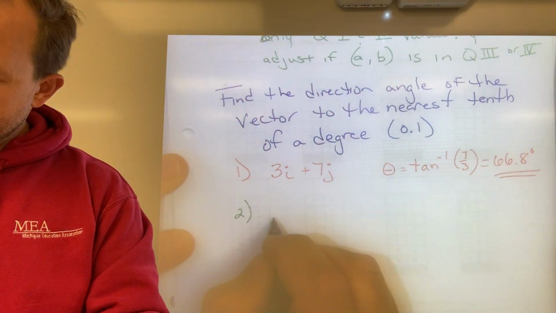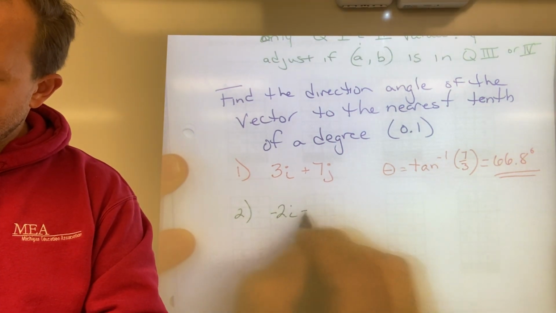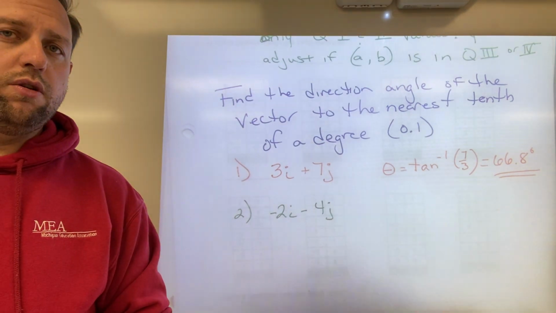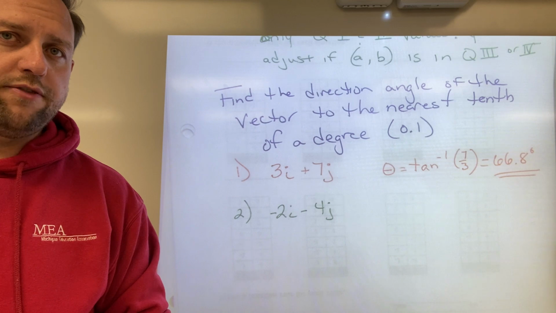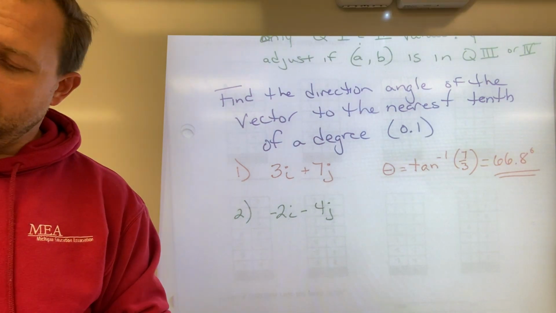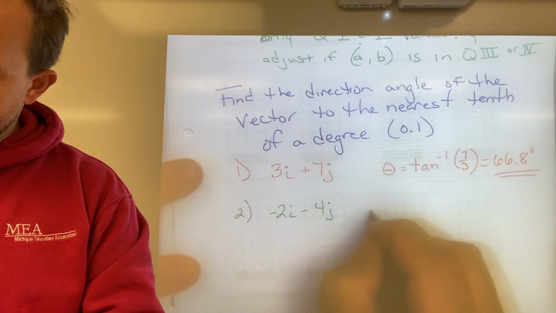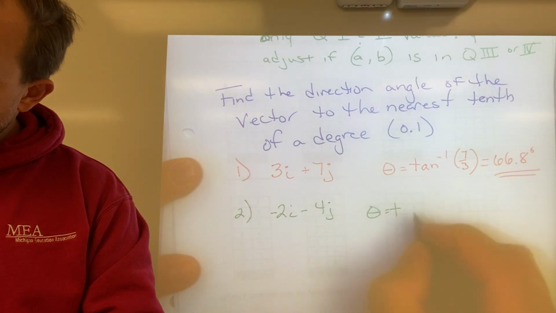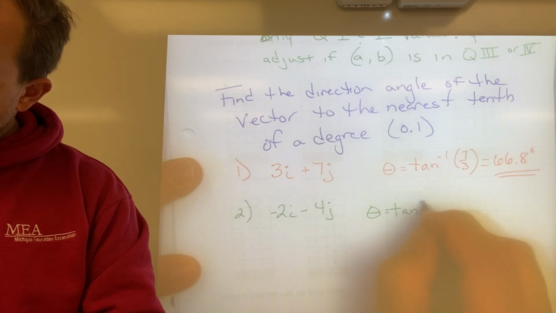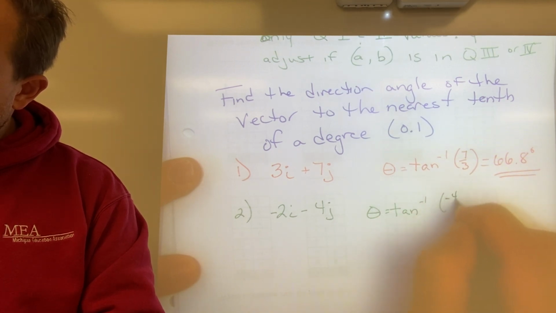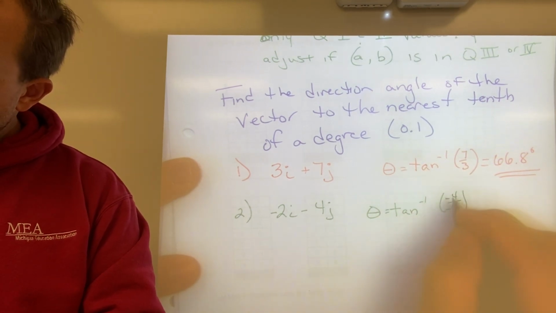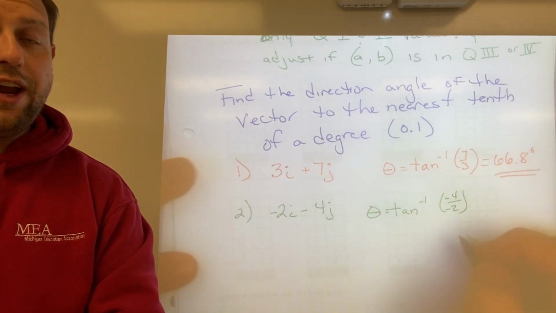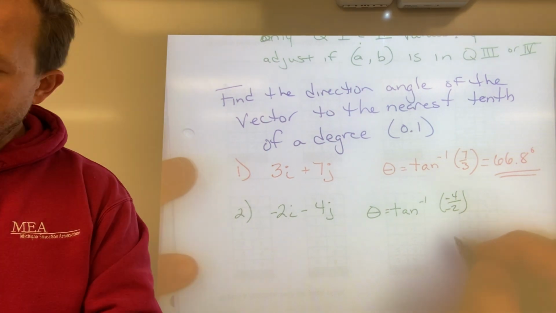If we look at negative 2i minus 4j, well, negative 2 means we're going back to the left. Negative 4 means we're down. We're in quadrant 3 on this one. That means we have an issue. When we take the tan negative 1 of negative 4 over negative 2, those negatives cancel out, so it's giving us the appearance of a first degree angle.